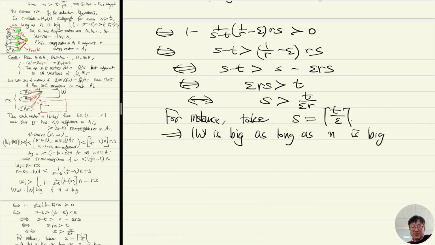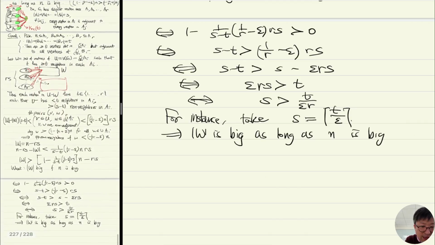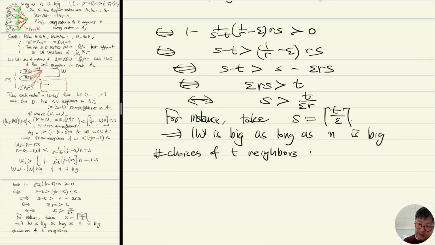Now that's good. The reason why this is good is because now I know that this set is big. So I have many vertices each having T common neighbors. So the number of choices of T neighbors in each A_i is exactly what?